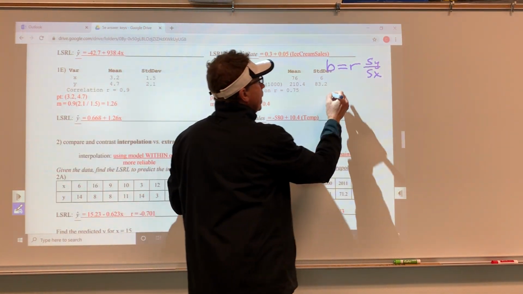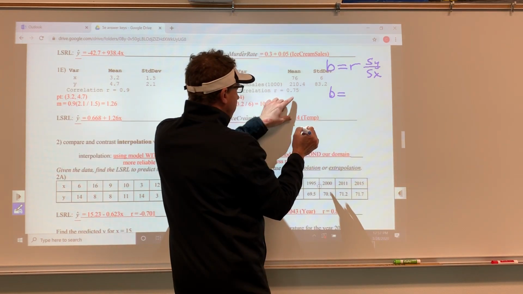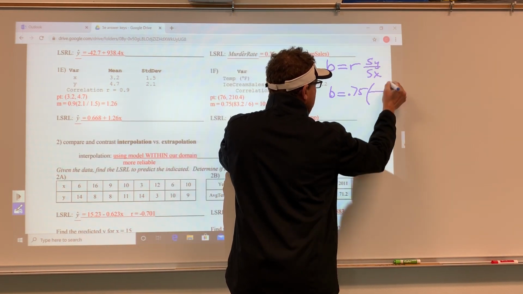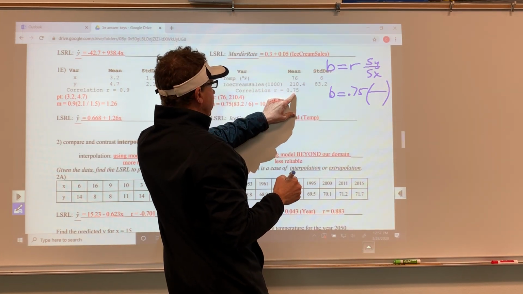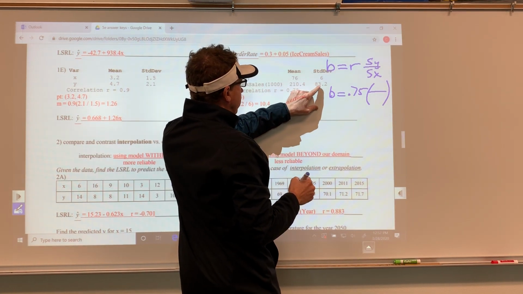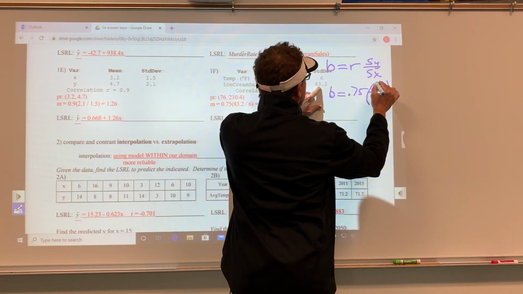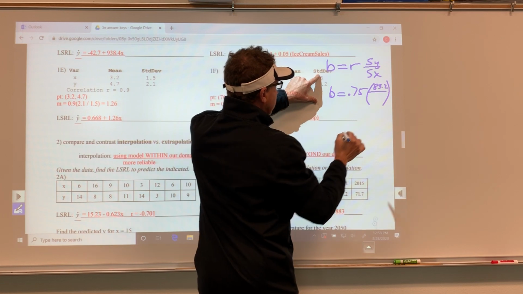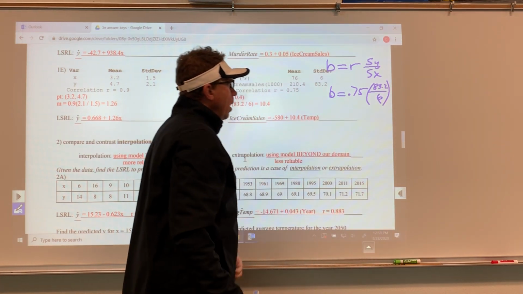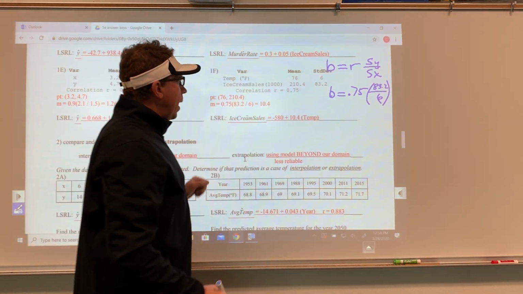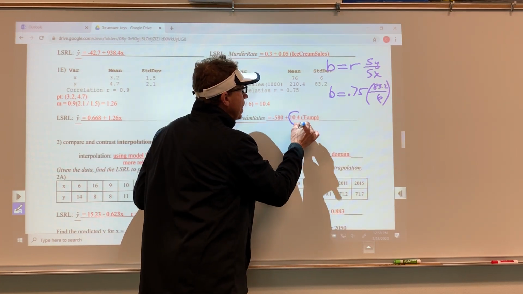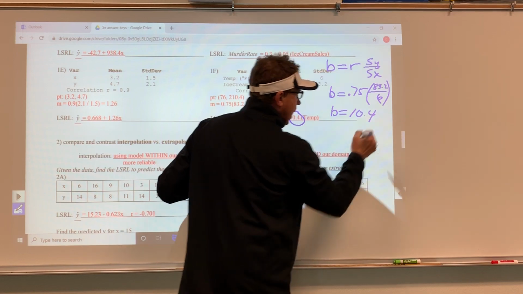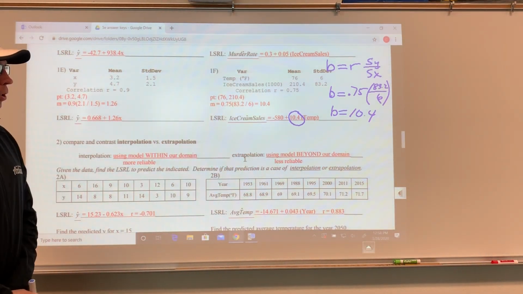So I'm going to take my slope, I'm going to multiply it by r, and then I'm going to have the standard deviations of the y's, which is the ice cream sales, 83.2, and the x's, the temperature, okay? And if you get that, you will figure out that the slope b is 10.4. So I would take a second to calculate that to make sure you can get 10.4.